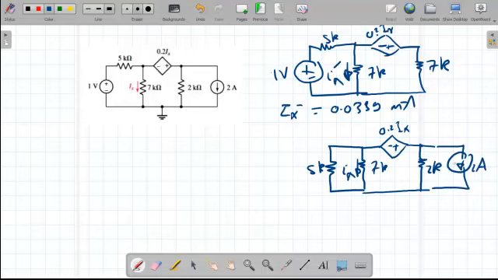So IX double dash will equal 0.339. So the total current will be 0.339. You need to find out how we reach to this. So the current here, actually IX double dash, will be in milliamp.